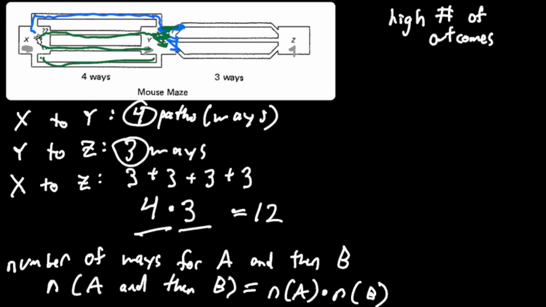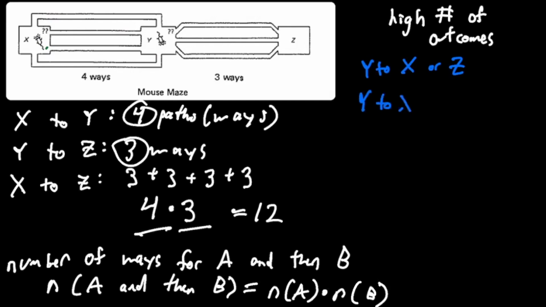We can also consider a situation where we're actually starting in the middle. So we have a mouse at Y, and then we're looking at how many ways the mouse could get to X or Z. So Y to X or Z. And here we can look at, well, from Y to X, we have 4 different paths.